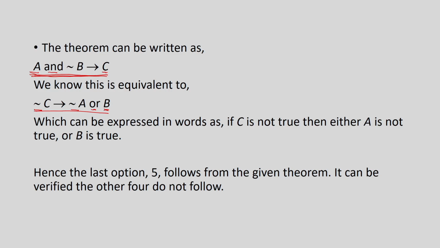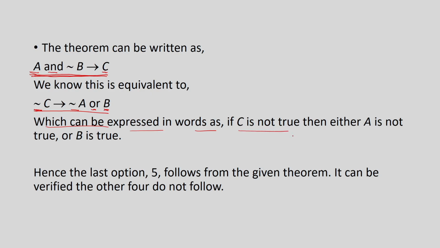Now, this is in terms of symbols. What does it mean in terms of words? This can be expressed in words as: if C is not true, then either A is not true or B is true. Remember, the wiggle expression means not true.